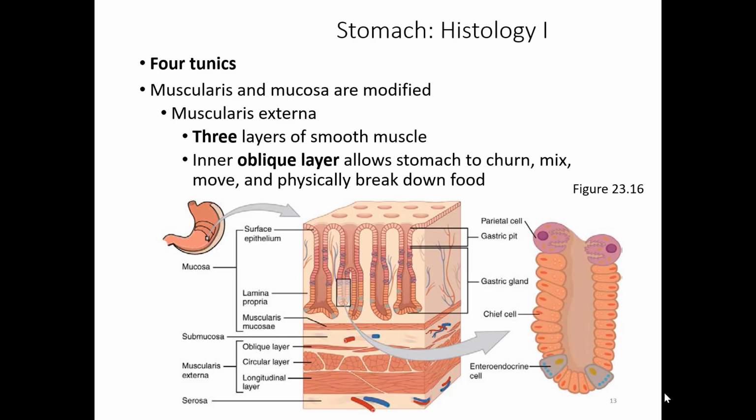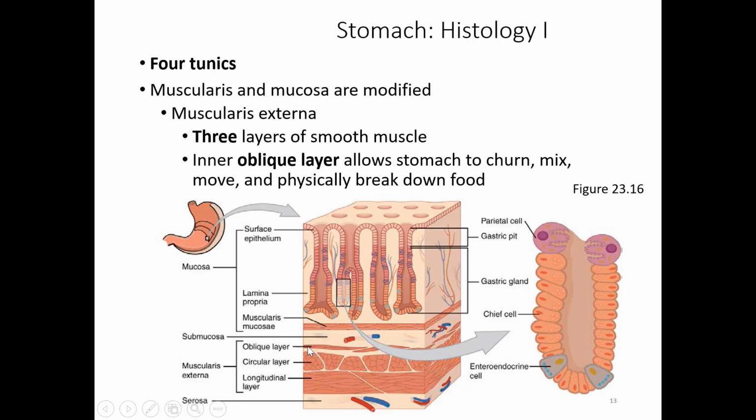Stomach histology. What tissues are there in the stomach wall? As usual, there are 4 tunics like everywhere in the digestive tract, but the muscularis externa will be different, because everywhere in the digestive tube you can find only 2 layers, longitudinal and circular.